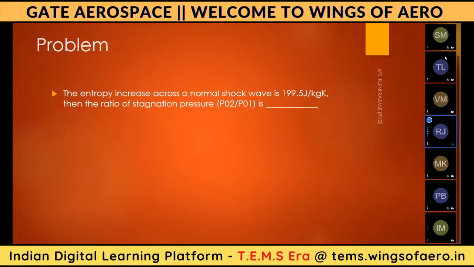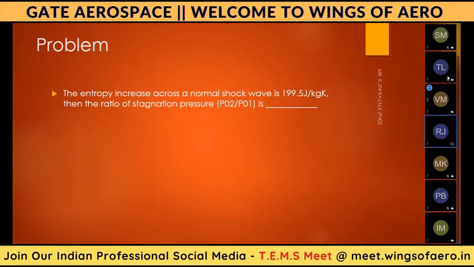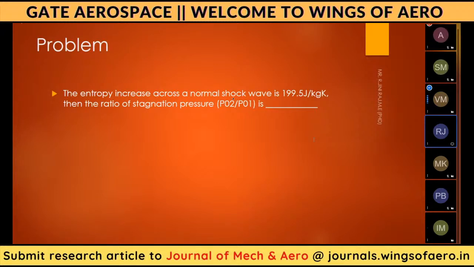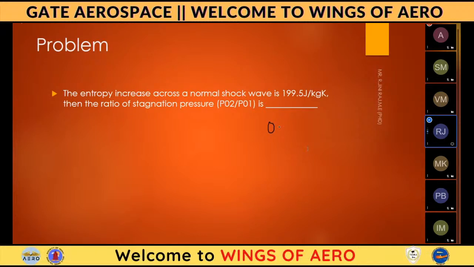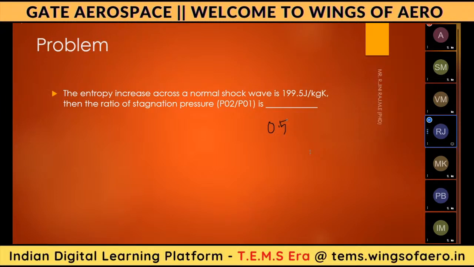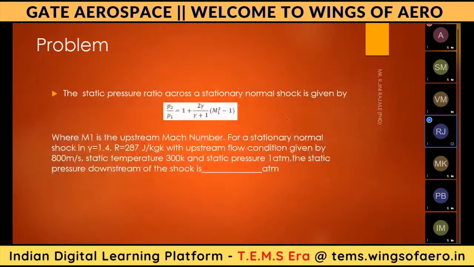What formula have you applied? P02 by P01 equals e raised to the power of (S2 minus S1) by R. Okay, fine. So the answer is 0.499, or we can write it as 0.5.